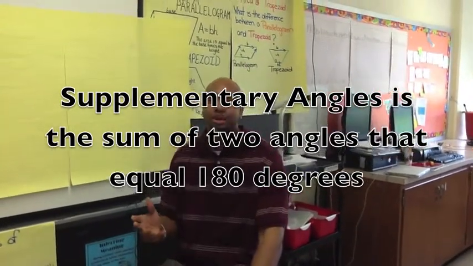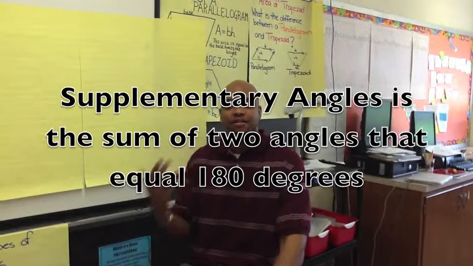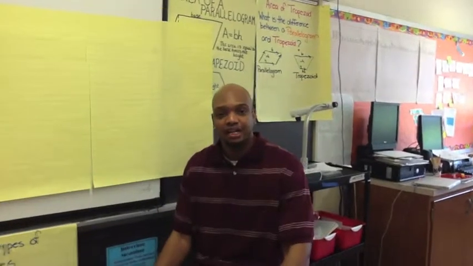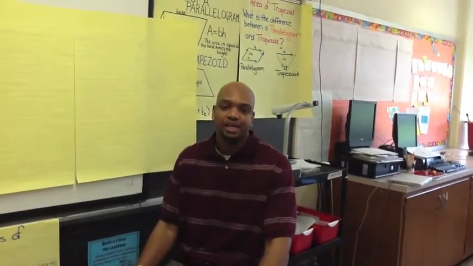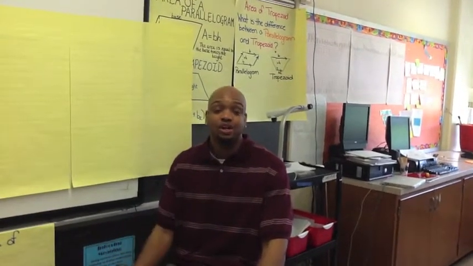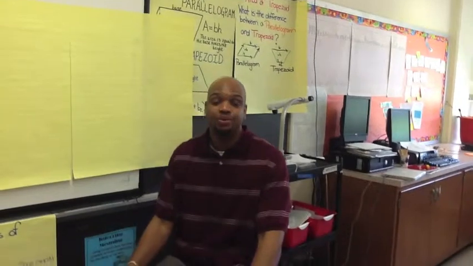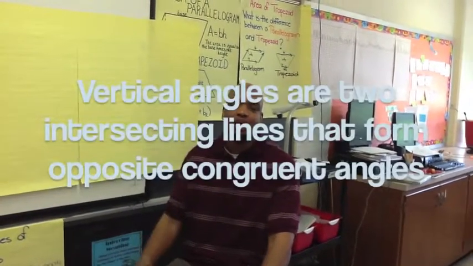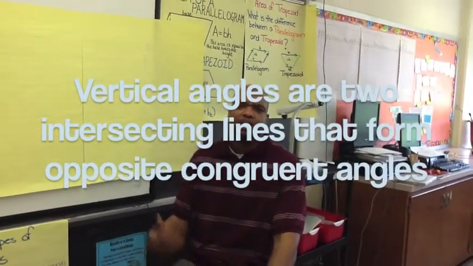And 2 other key vocabulary words are vertical angle and congruent angles. Vertical angles are 2 intersecting lines where their opposite angles are congruent. A key word, congruent.